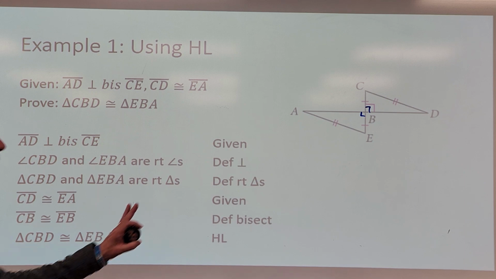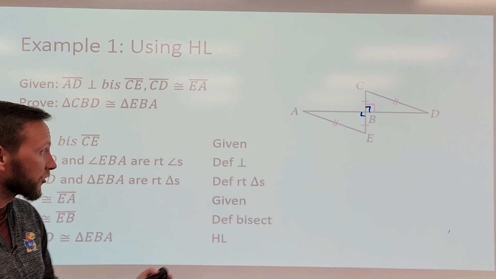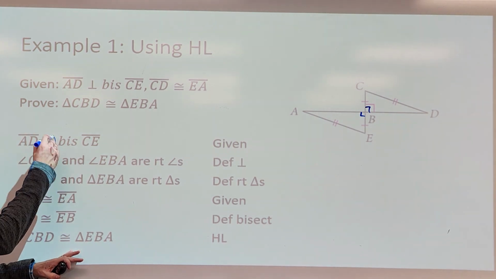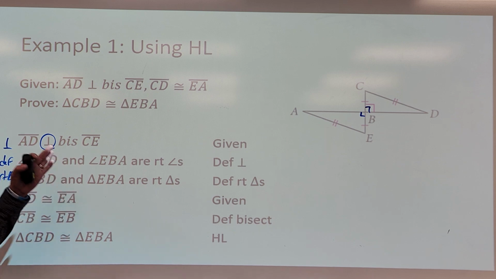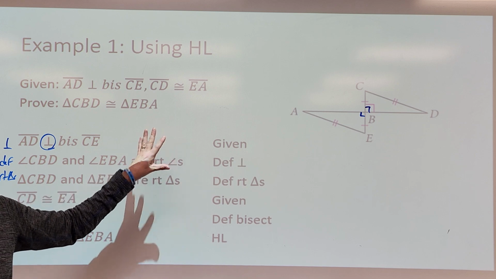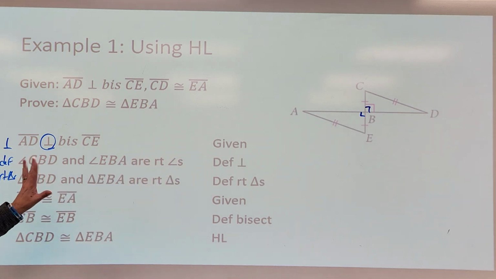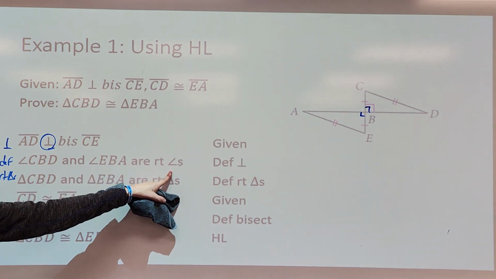The thing that is different about this proof, it's going to be 6 steps, is we have to have perpendicular so that we can have right angles, and then that means that we have right triangles. Those statements are going to be the same 3 statements in all of our hypotenuse leg proofs, unless we're told that they are right triangles from the get-go, or that we have right angles from the get-go.